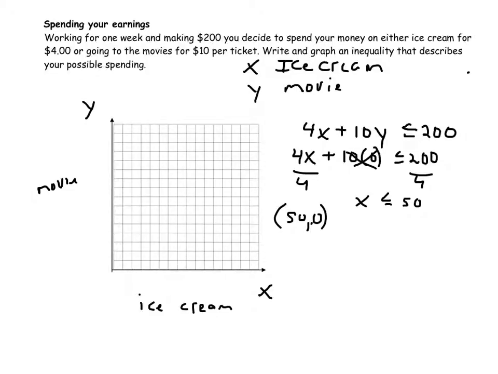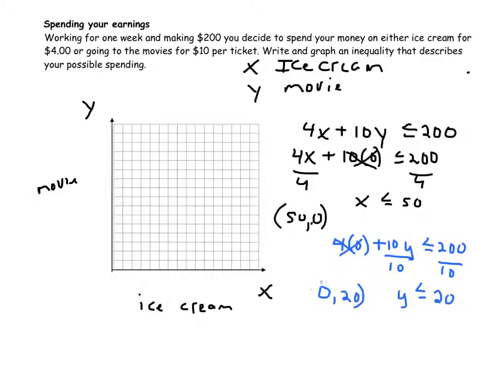So that's the first one. Then I'll change color. I can let the X be 0. So 4 times 0 plus 10Y has to be less than or equal to 200. So then if I divide by 10, then my movie tickets has to be less than or equal to 20, which means I can do 0 ice cream and do 20 movie tickets.